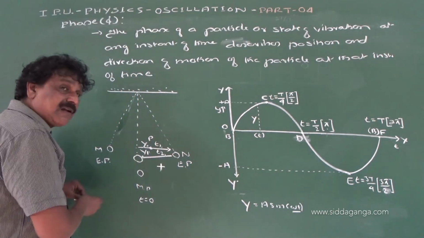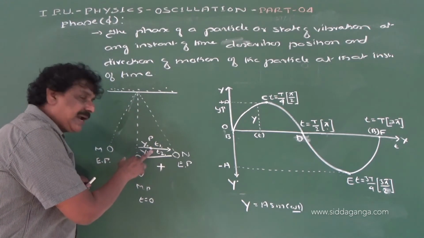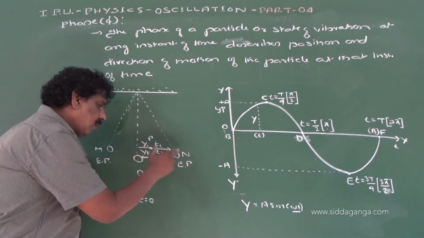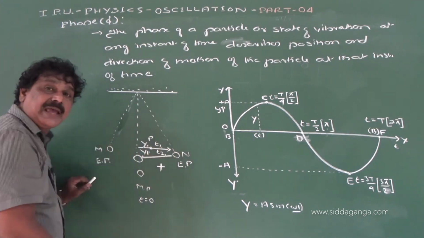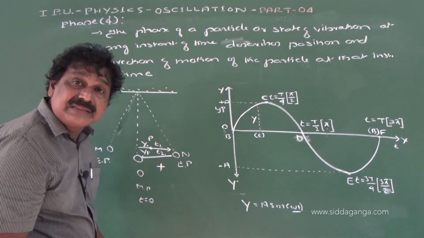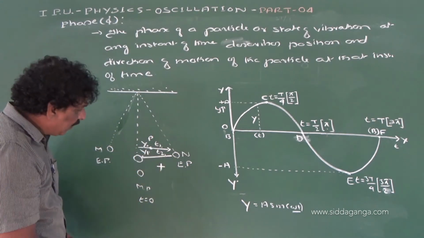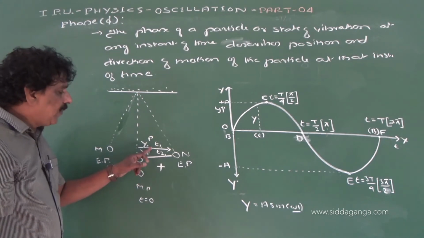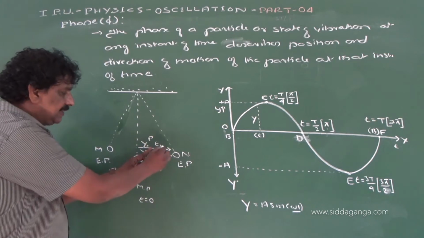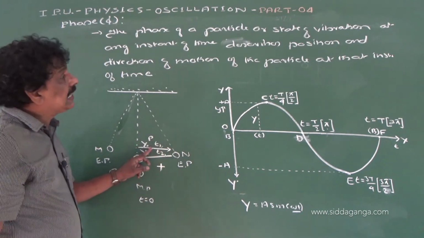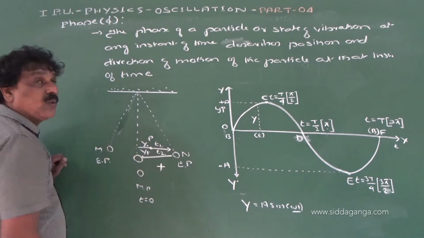In order to decide whether position P is occupied during motion along ON or along NO, we need to describe the direction of motion. At P at time t1, the direction is ON.